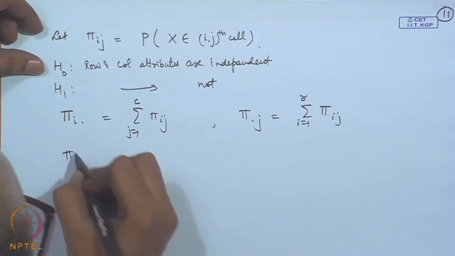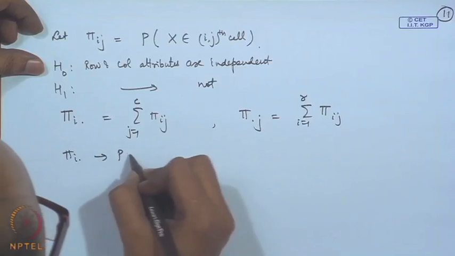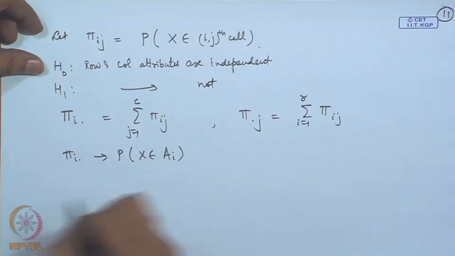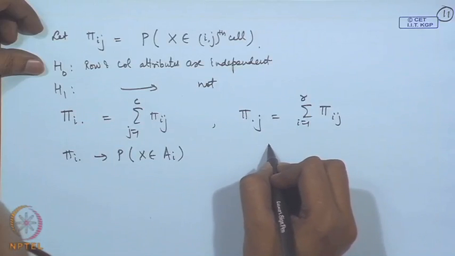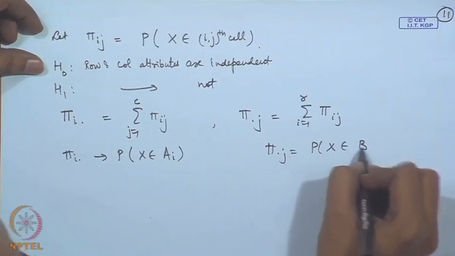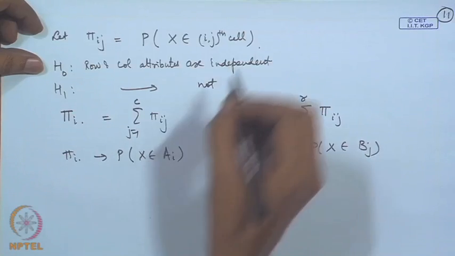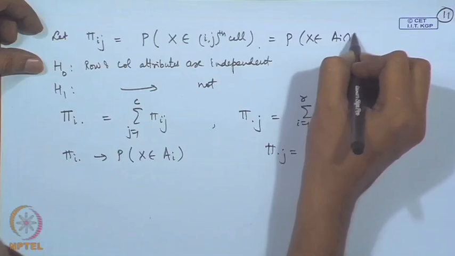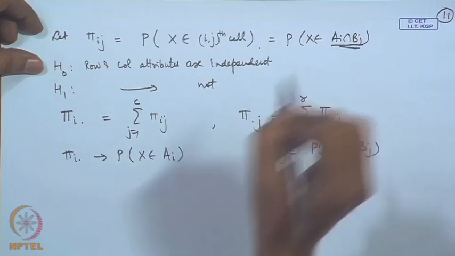So, pi I dot is the probability of observation belonging to A I, and similarly pi dot j is the probability of x belonging to B j, okay, and pi I j is the probability of x belonging to A I intersection B j. Okay.